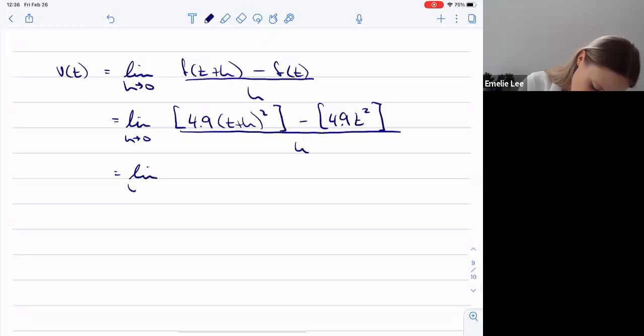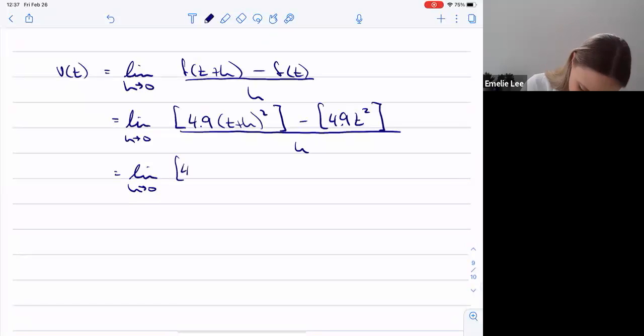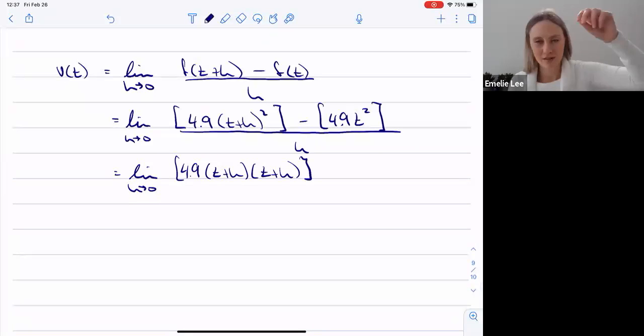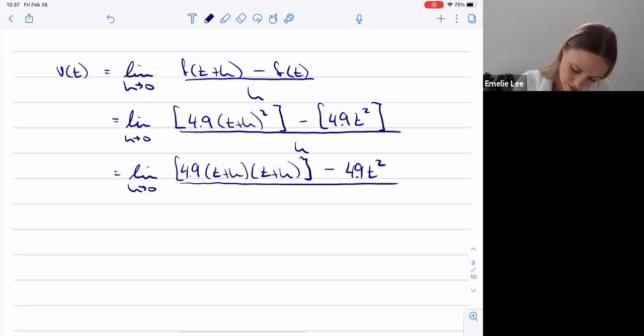This is going to be the limit as h goes to 0 of, I'll keep it in big square brackets to block them off, 4.9 times t plus h times t plus h. I always like to emphasize to myself that t plus h squared is t plus h times t plus h, and then I do the expansion every time, minus 4.9 t squared over h.